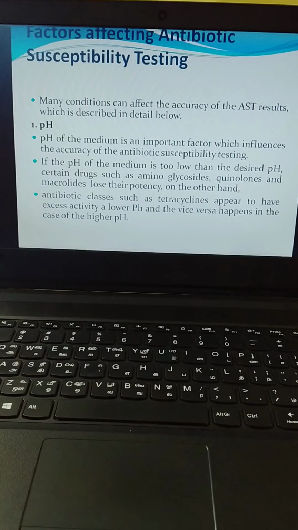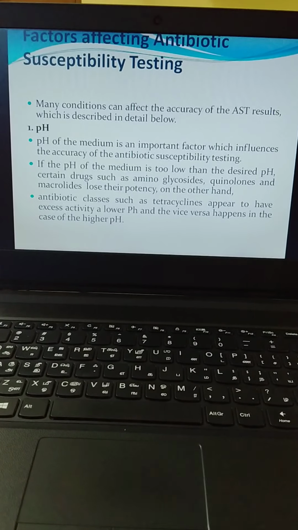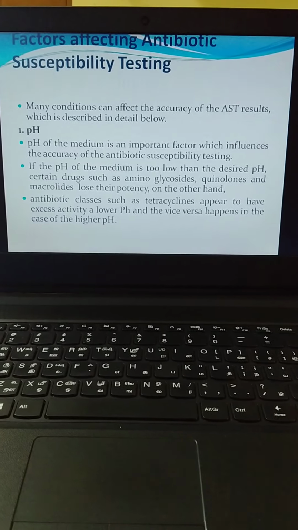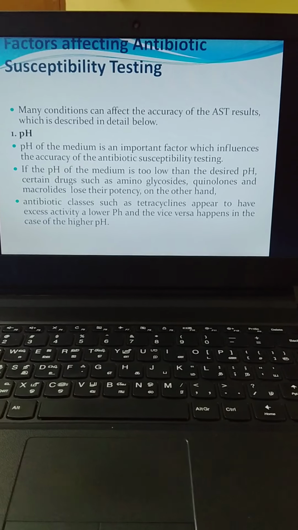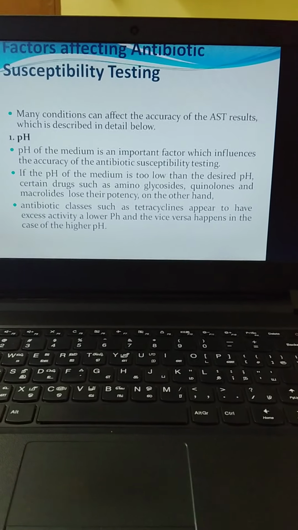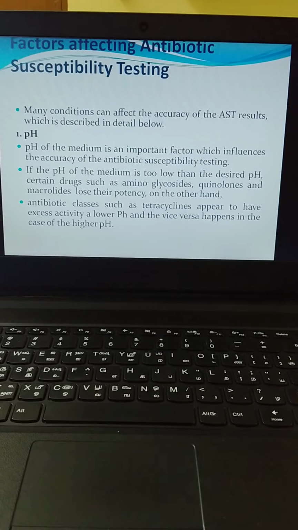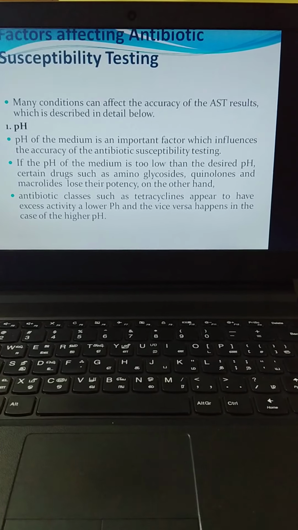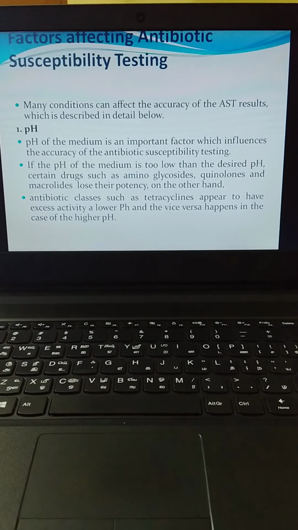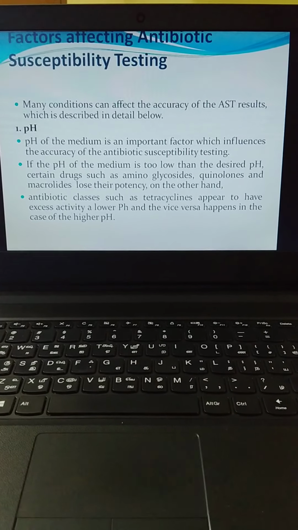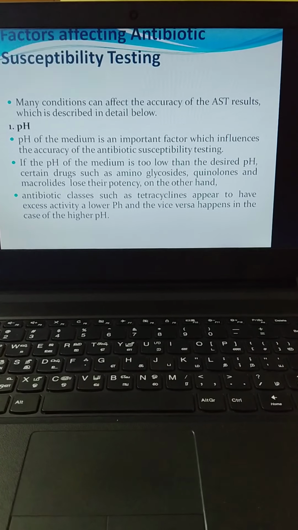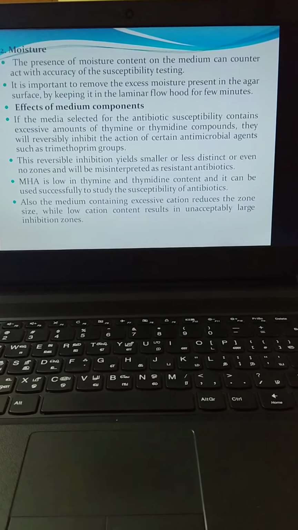On the other hand, antibiotic classes such as tetracyclines appear to have excessive activity at a lower pH, and the reverse happens at a higher pH. I repeat, tetracycline especially shows excessive activity at lower pH, and the opposite occurs at higher pH.